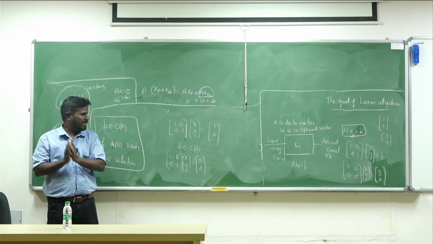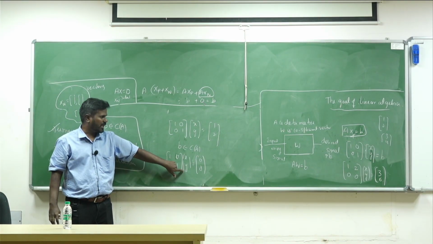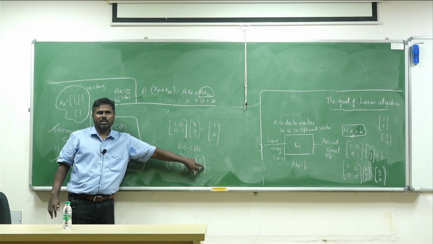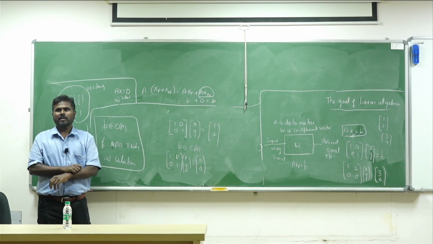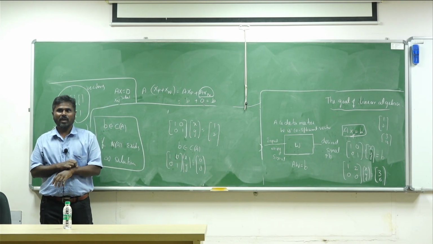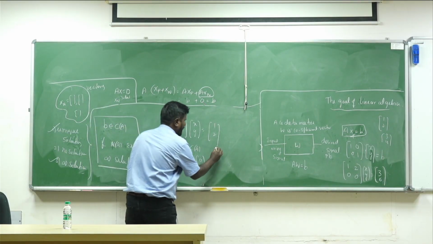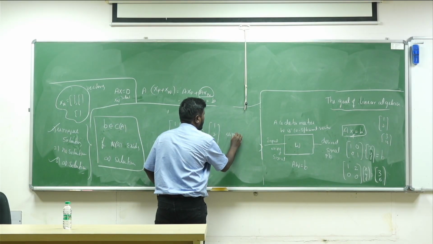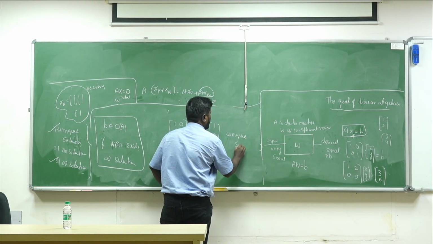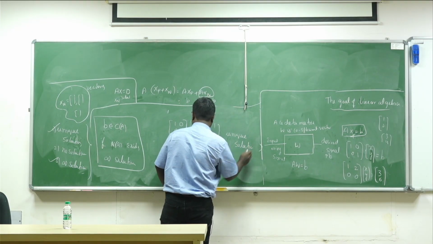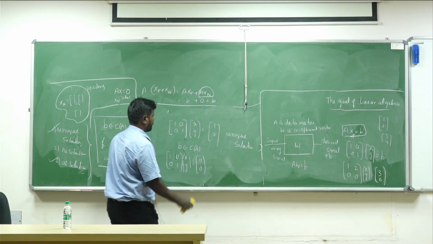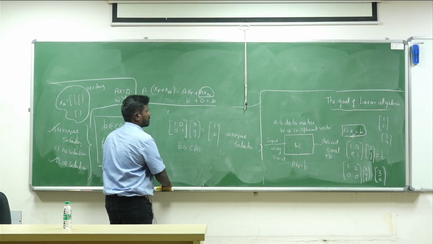No vector other than the 0 vector would give you the 0 vector here. There's no null space here. So the system of equations has a unique solution.